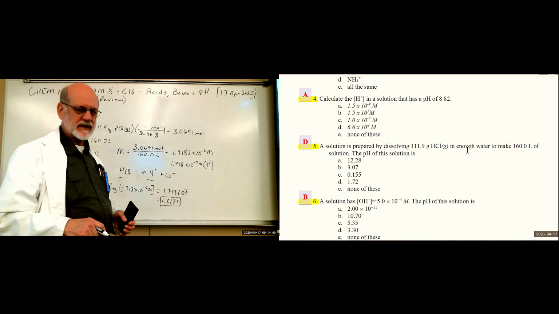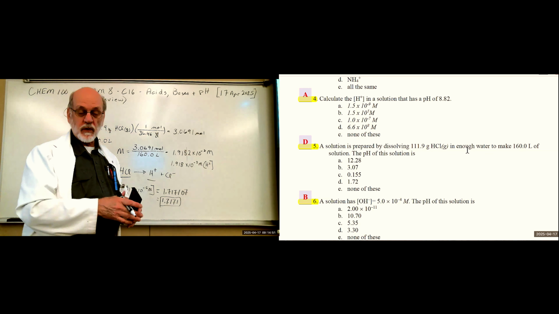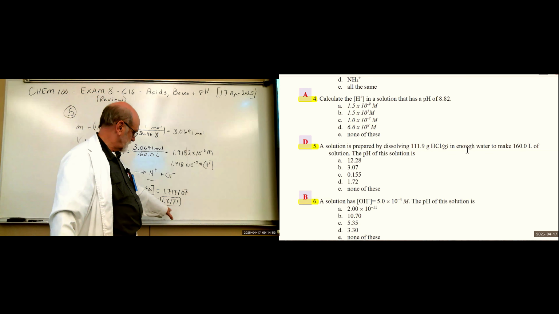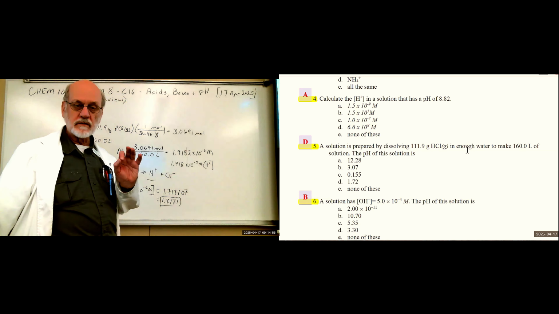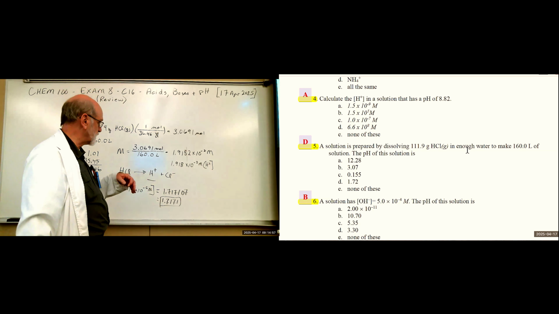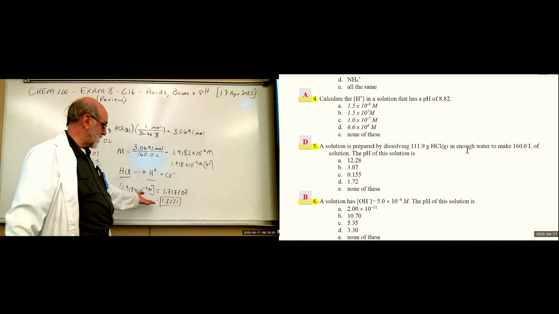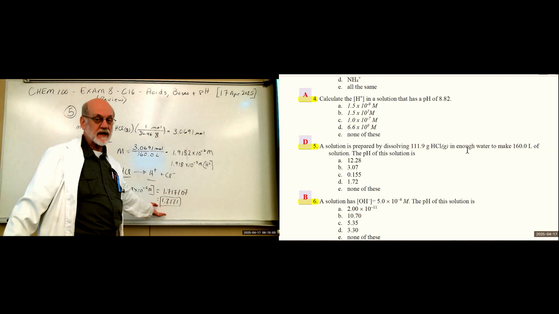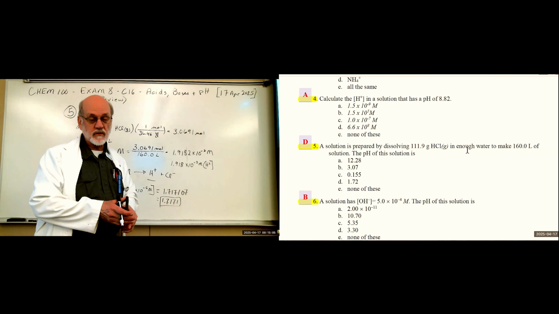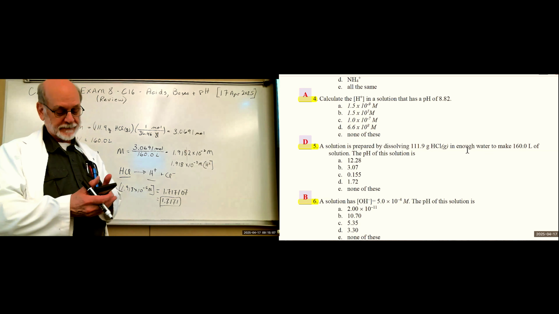Now the answer may not be exactly like that. It looks like they rounded it off to 2 decimal places, which would be 2 significant figures. But technically the numbers tell us we have 4 significant figures, which means 4 decimal places.